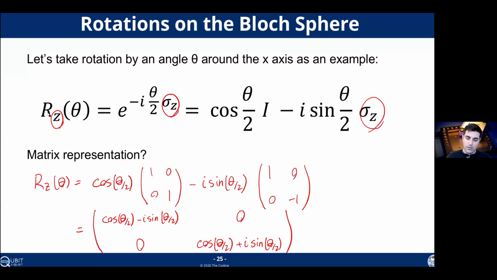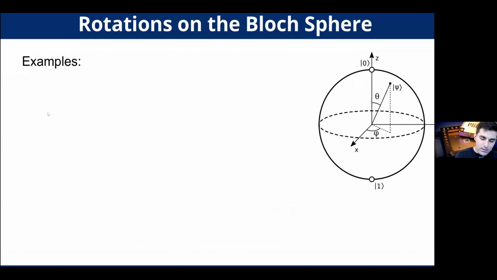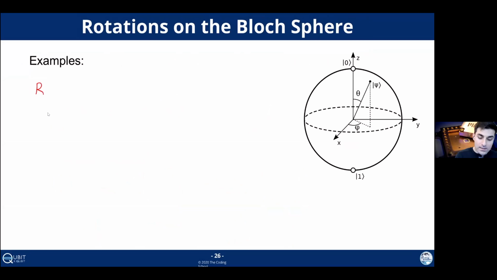So let's say I start from the state 0 and I rotate around the x-axis. Again, we saw an example of this, of course, by pi radians. So I apply an Rx pi to the 0 state. What do I get?